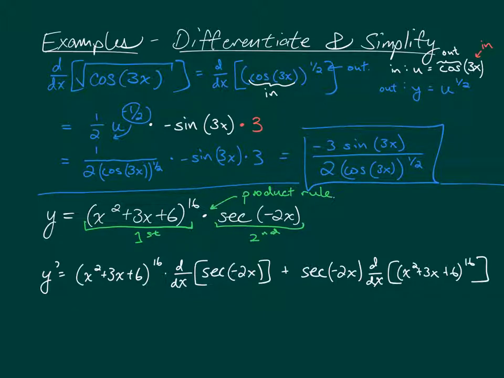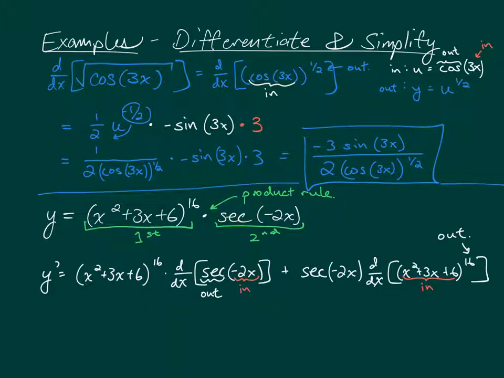And what you'll notice is that this part here, that's not so bad, there's no derivative. This part here, secant negative 2x, no derivative. But these two parts, we need to find the derivative. And for each of these, we will have to use the chain rule. So you can see that this is on the inside and that this is on the outside. And again over here, that this is on the inside and that this is on the outside.